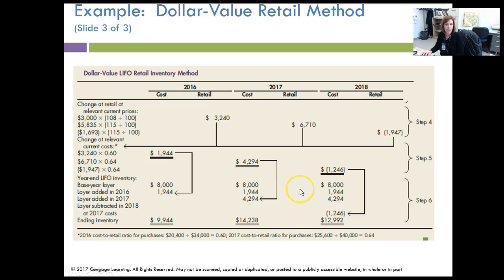And so then we get to 2018, and we've got, again, 2016 beginning, then we add 2016 purchases, 2017 purchases, but then we subtract 2018 from that because it was a negative number, and that gets us to our ending inventory using the dollar value retail method. Woohoo!